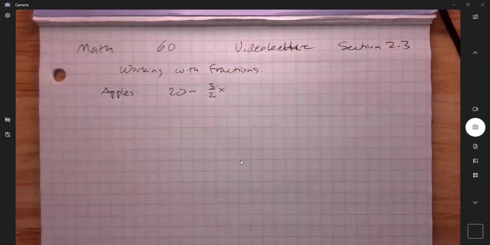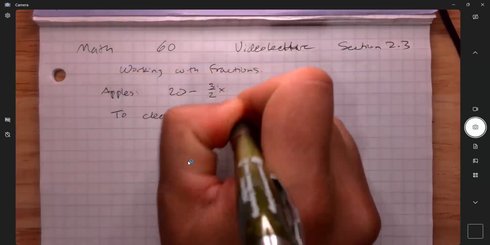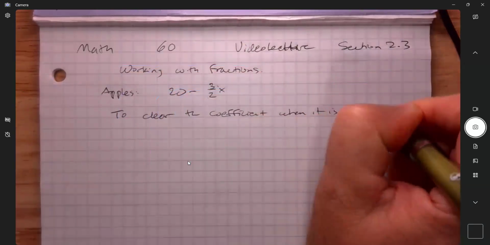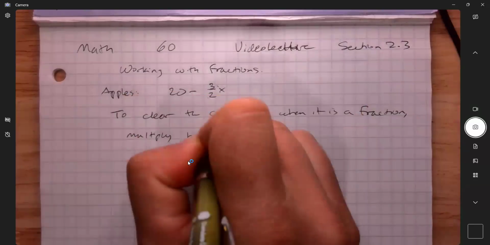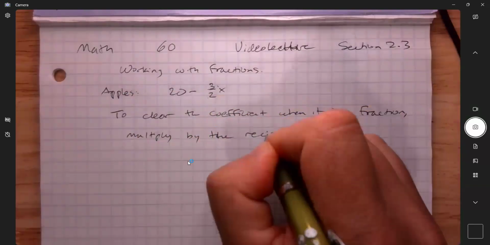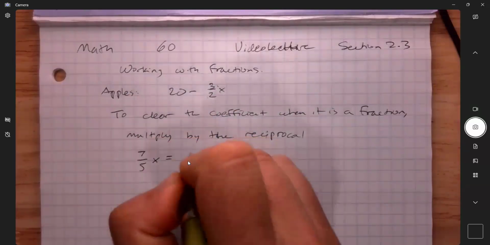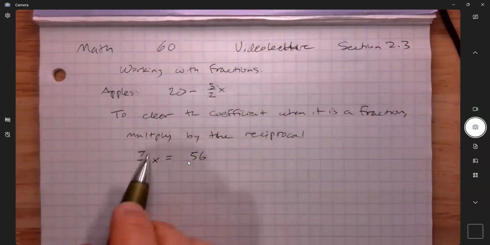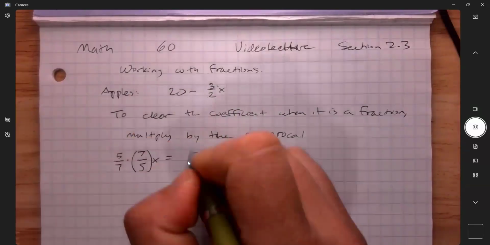But I just want to remind you that to clear the coefficient when it is a fraction, multiply by the reciprocal. If I'm solving 7/5 x equals 56, if I want to clear the 7/5, I simply flip the fraction, that's the reciprocal.